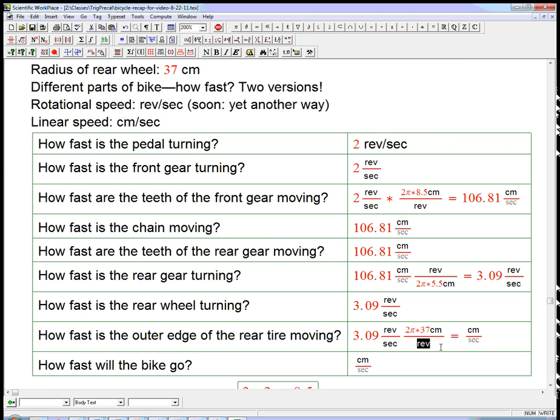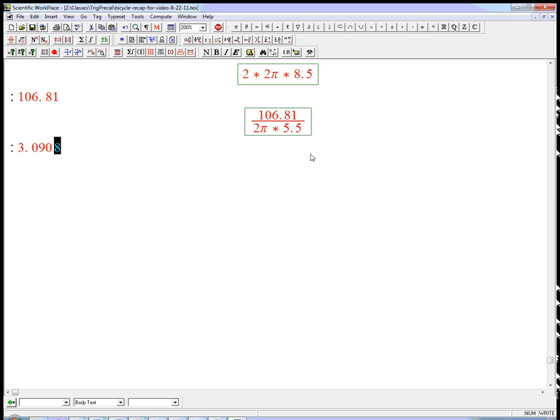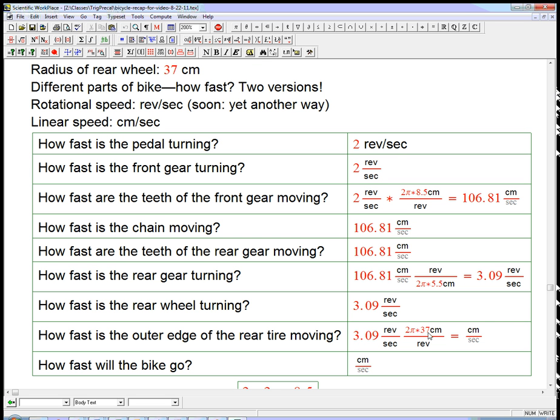And that's going to give us, the revolutions are going to cancel, and we're going to get centimeters per second. So now 3.09 times 2 pi times 37. In fact, I'll just use this number here. Let's see. 3 times 2 pi times 37. Boom. 718.54. Cool. Okay. And that's how fast a point on the outer edge of the tire is moving.